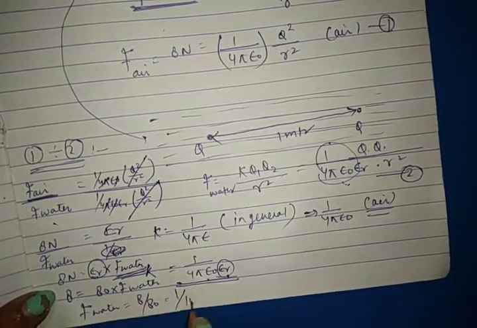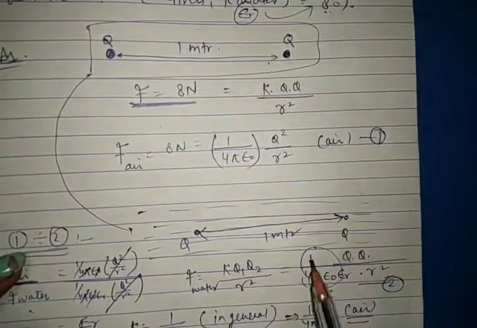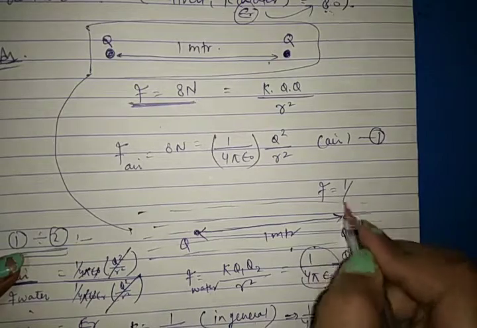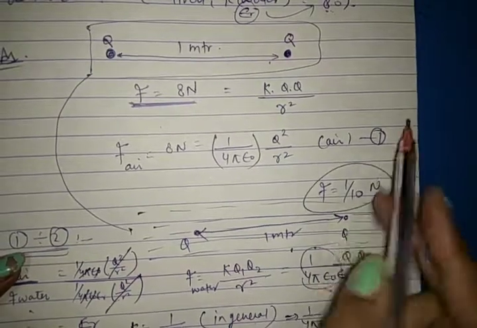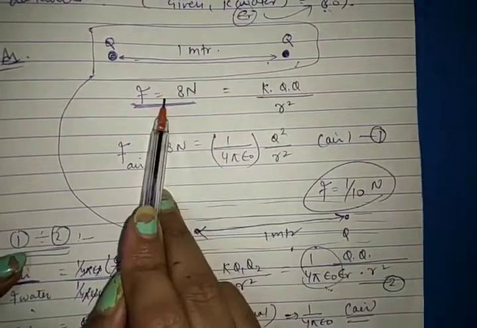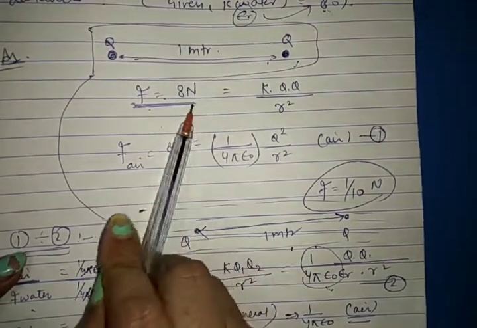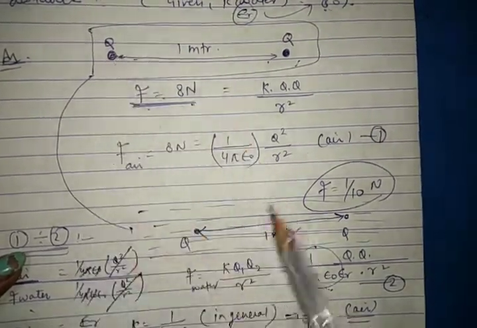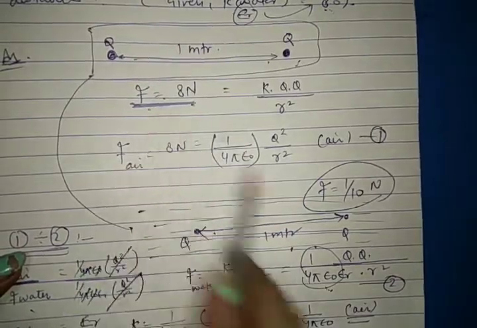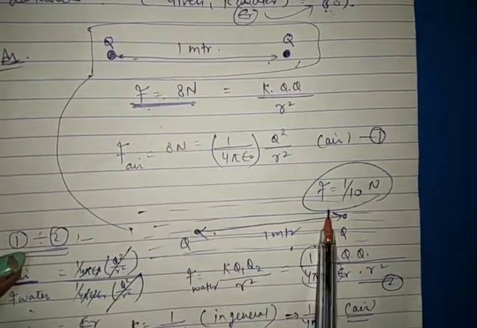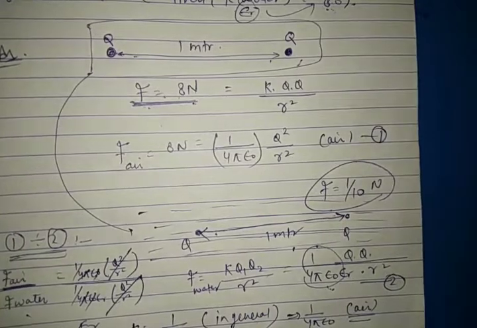That means 1 upon 10 Newton. So the same arrangement when kept in water, the force will become 1 upon 10 Newton. And when this arrangement is kept in the air medium, then the force will be 8 Newton. So you can see that when this arrangement is kept in water, the force decreases from 8 Newton to 1 upon 10 Newton. So that's how we solve the question.